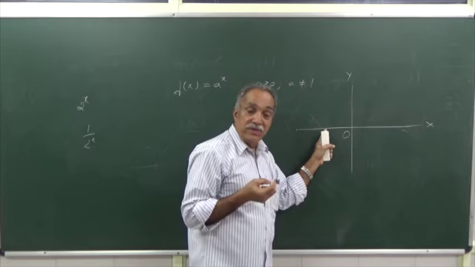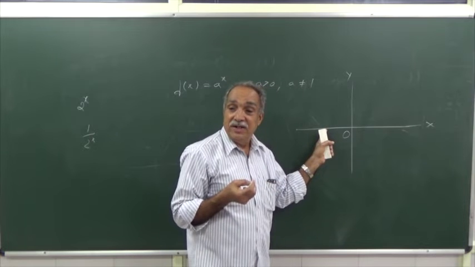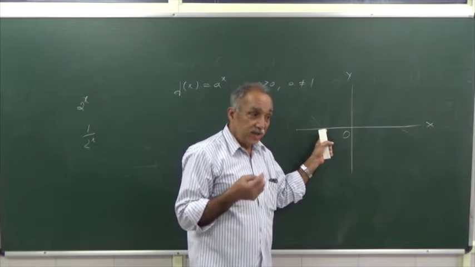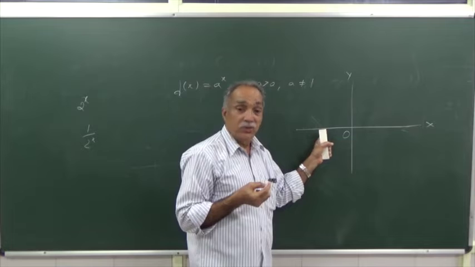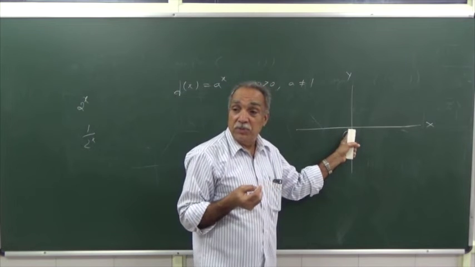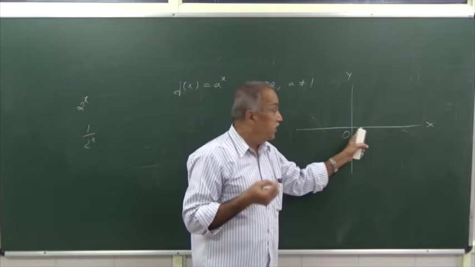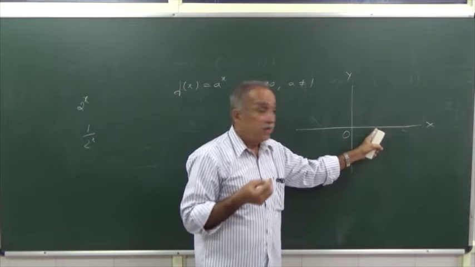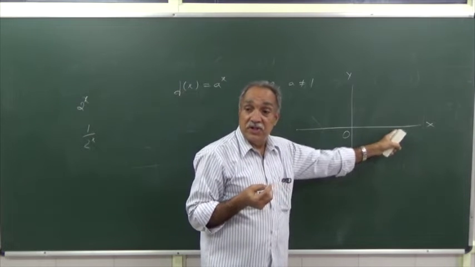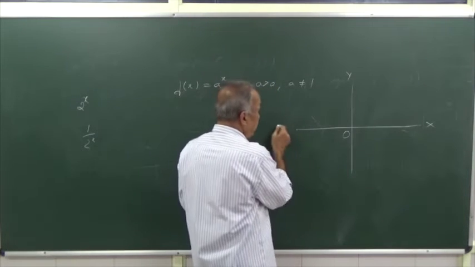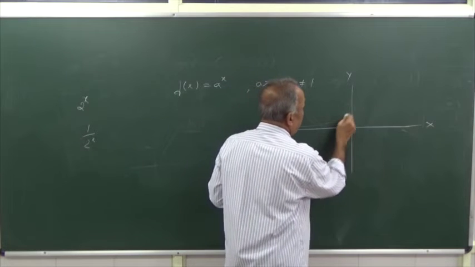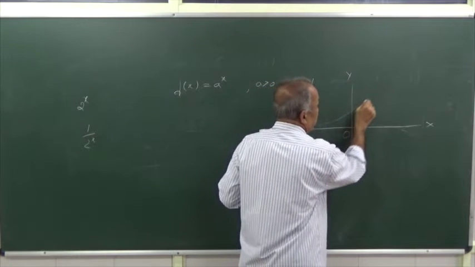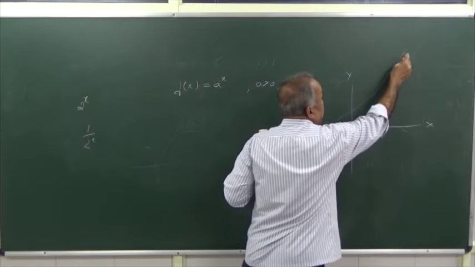At x equal to minus 1, 2 to the power minus 1, half, there is a slight increase in the function value. At x equal to 0, 2 to the power 0, further increase. At x equal to 1, 2 to the power 1, still further increase. The graph you may roughly sketch as a continuously increasing function.